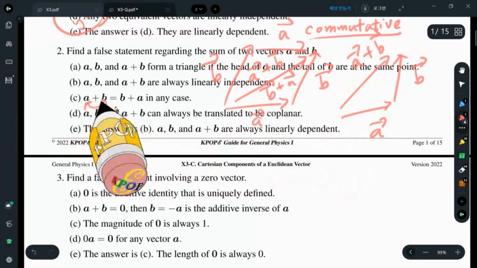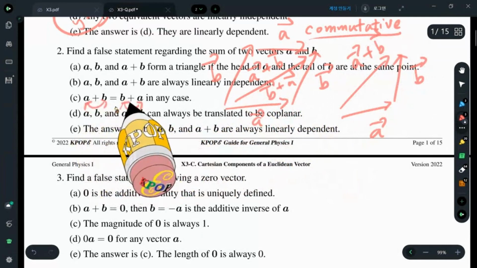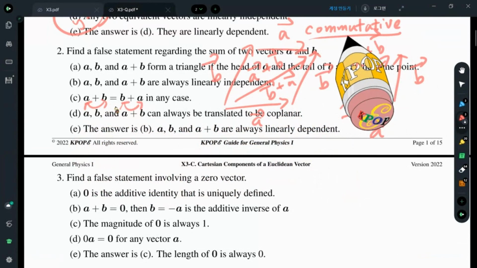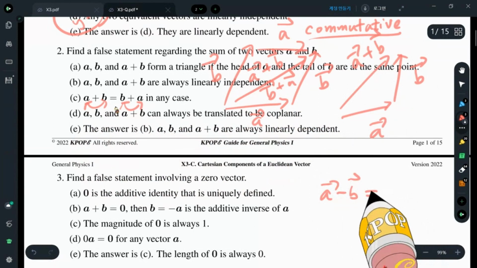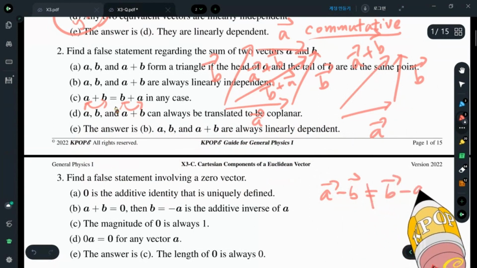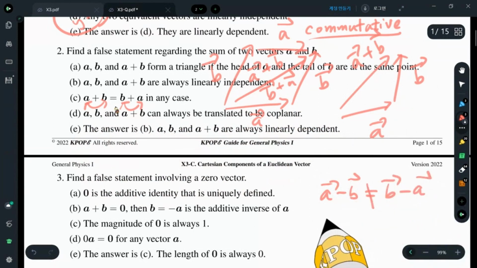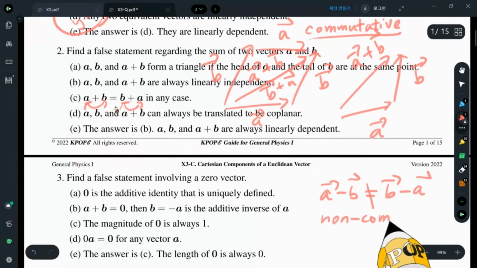You can exchange the order. This operation is commutative. However, subtraction. This is a subtraction. This is not commutative. So non-commutative.